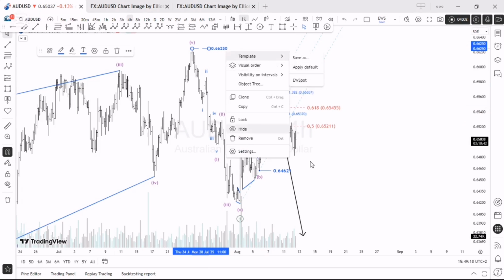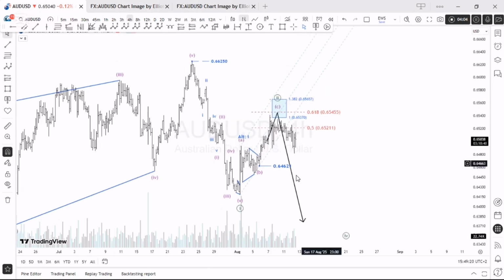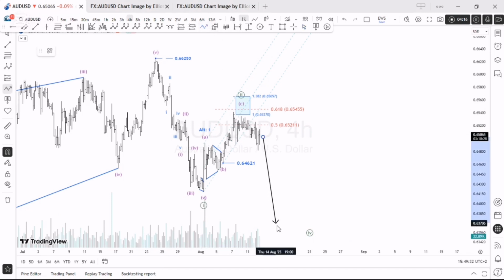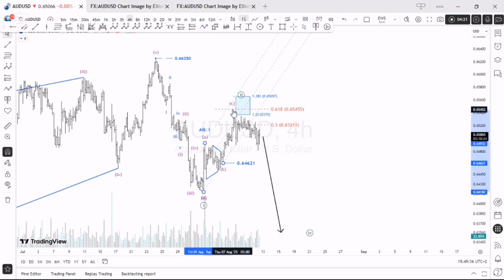So this was our outlook so far, which suggested that we have completed 5 waves to the downside, and that was our wave one. And we have tagged the most important level. Although this wave count is not updated, I think we have now completed our supposed wave two, because we broke out of this corrective channel.